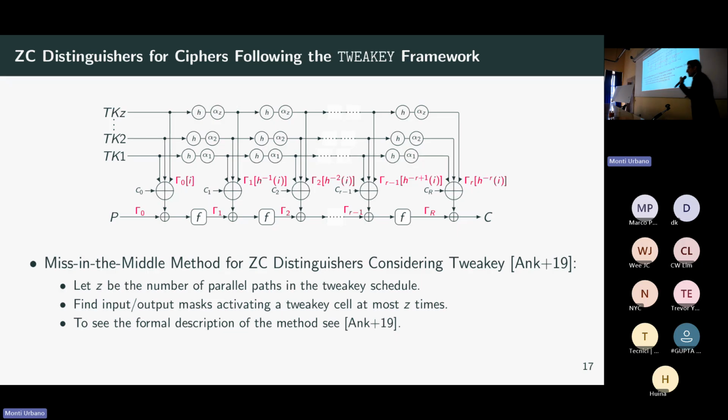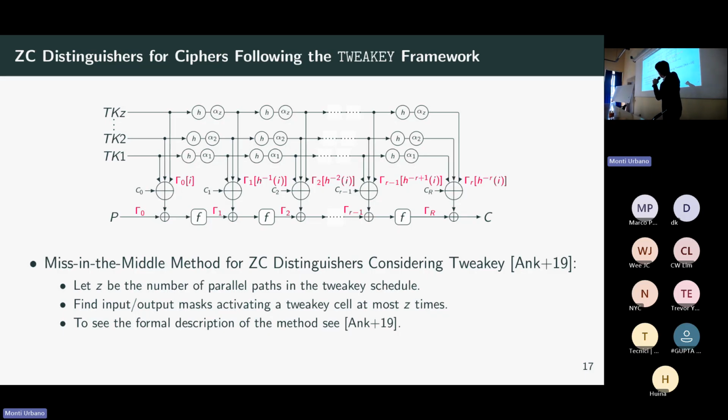But interestingly, there was again another link between zero correlation distinguisher of tweakable block ciphers and integral distinguisher in ToSC 2019. There is a theorem which proposes a miss-in-the-middle-like approach to find zero correlation distinguishers for tweakable block ciphers. This is a big picture of a tweakable block cipher following the tweakey framework.